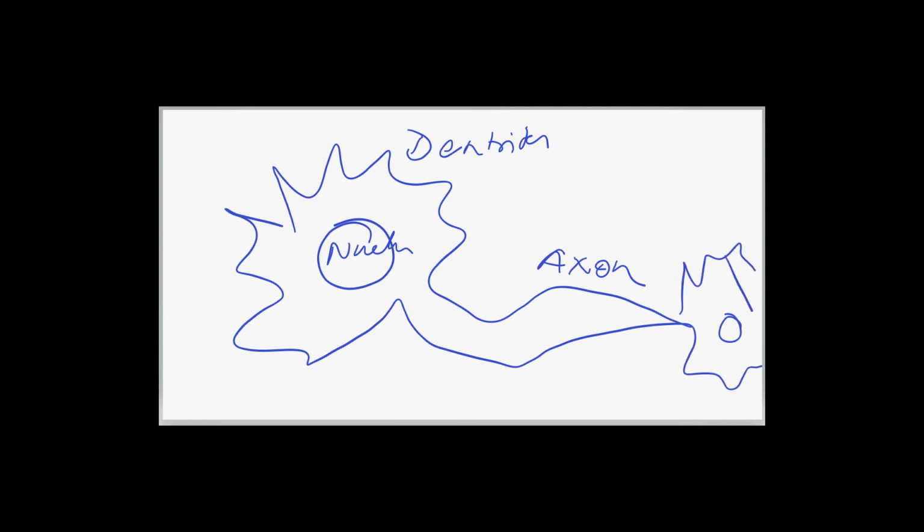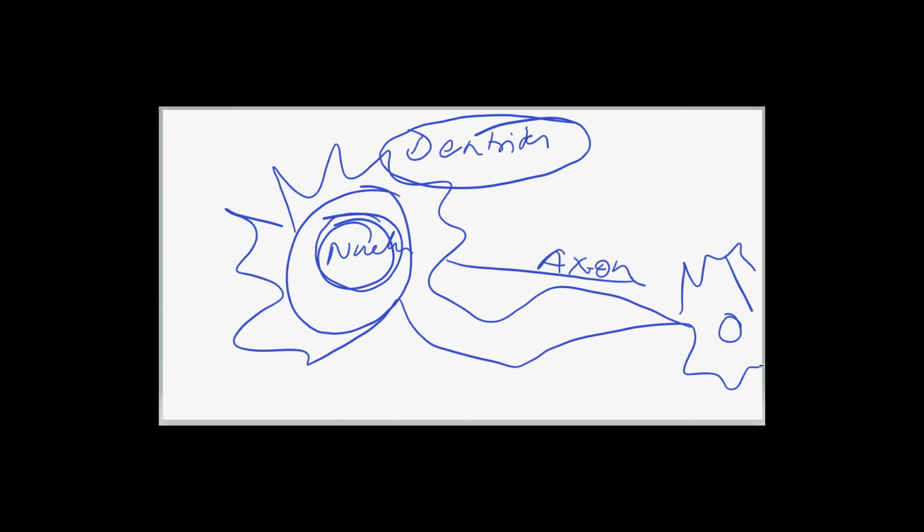Now the nucleus takes inputs through the dendrites and beyond some threshold it fires, and the output of that is passed through the axon to the next neuron.